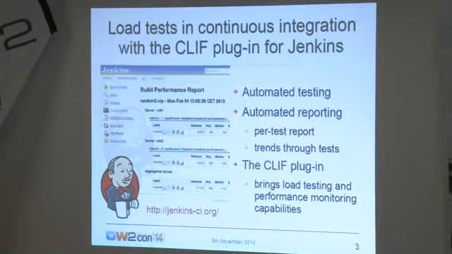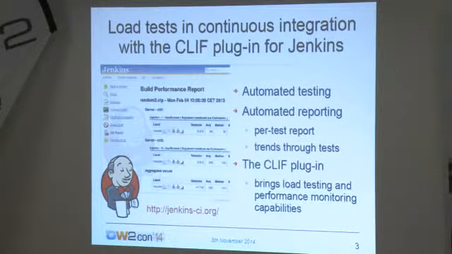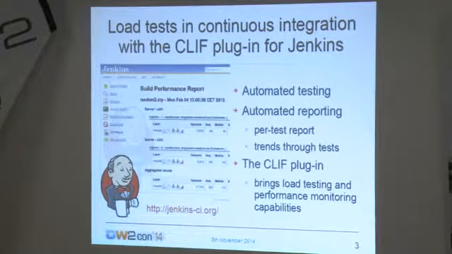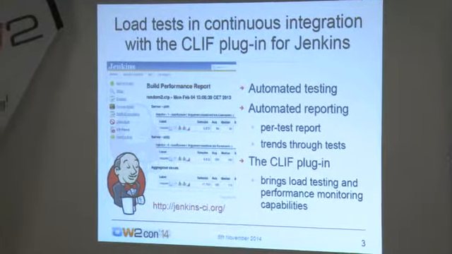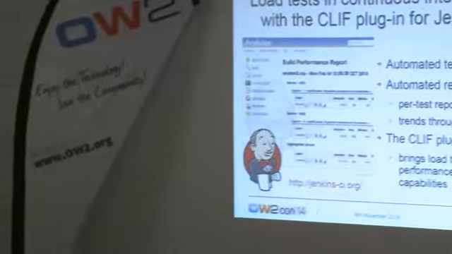With Jenkins, you get a per-test report as well as a report with the trends through the successive tests, in order to see whether your metrics are improving or not. Jenkins is extensible with plugins. So we have integrated CLIF as a plugin in Jenkins, which naturally brings load testing and performance monitoring capabilities to Jenkins.